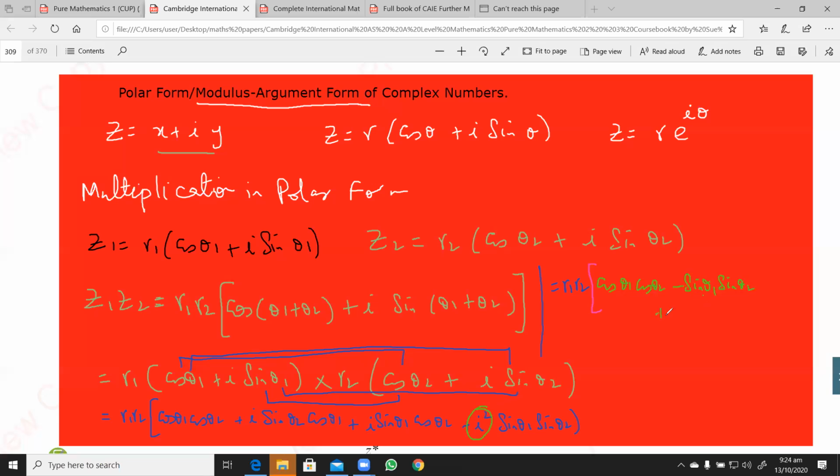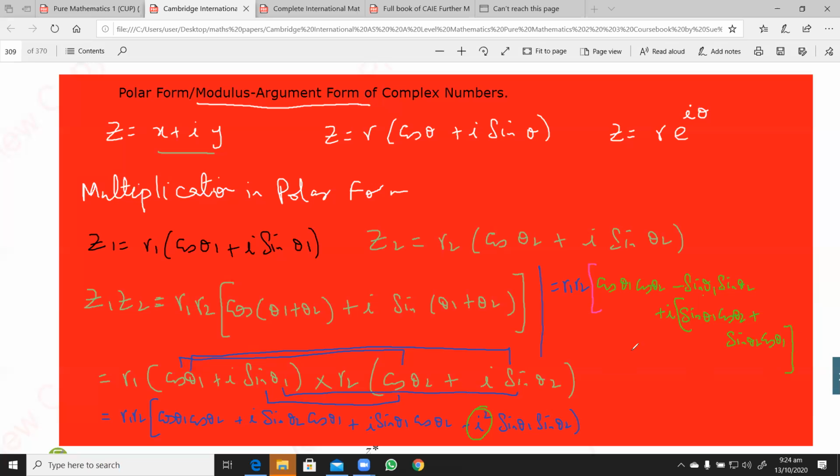And then plus iota into sin theta 1 cos theta 2 plus sin theta 2 cos theta 1.